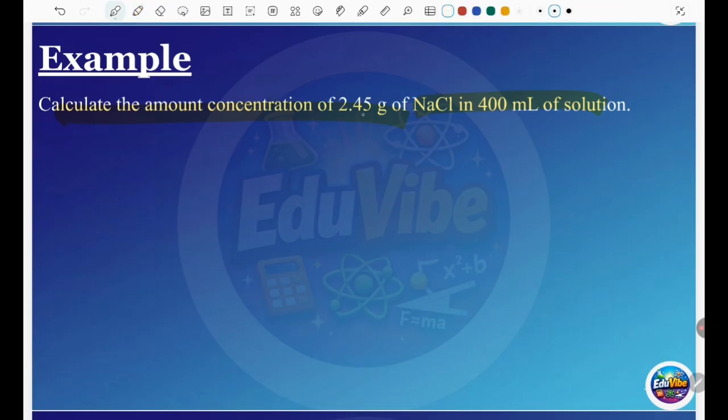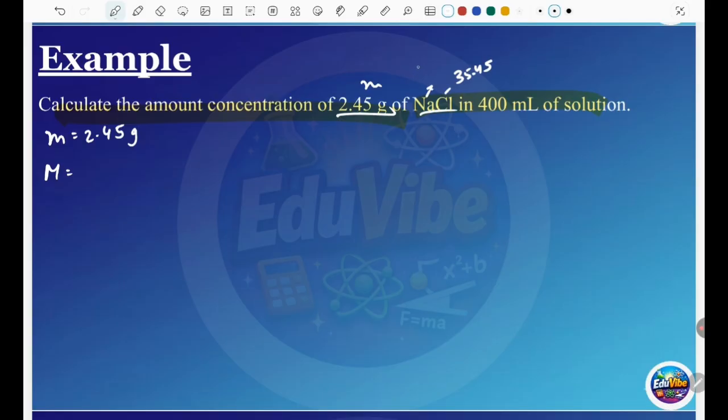They have given us the mass of the NaCl. If you know the molar mass of NaCl, you can do something with this. Firstly, we have a mass which is 2.45 grams. So what is the molar mass of NaCl? Na has an atomic mass of 22.99 plus Cl has 35.45.